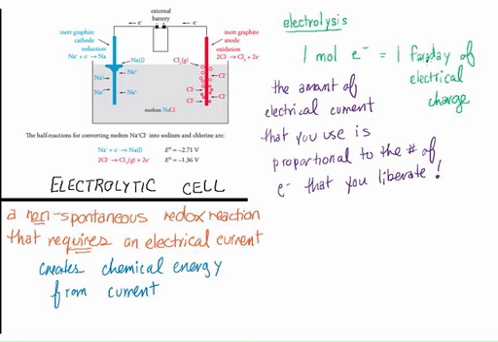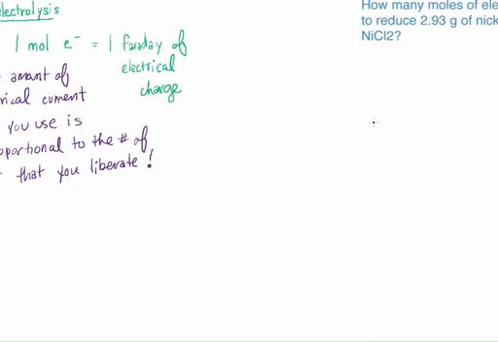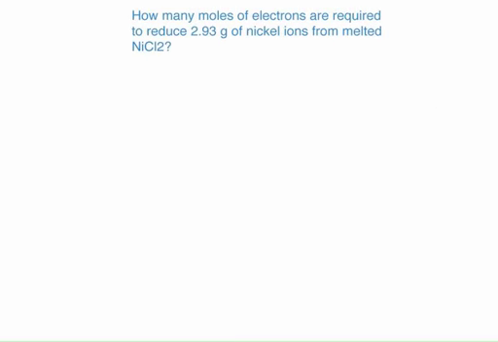Pretty cool, huh? So really, really basic concept, but very important as well. So again, if you put in 1 Faraday of electrical charge, you're going to liberate 1 mole of electrons. Okay, so let's put this in a more everyday context.